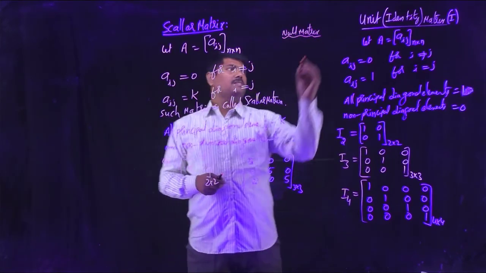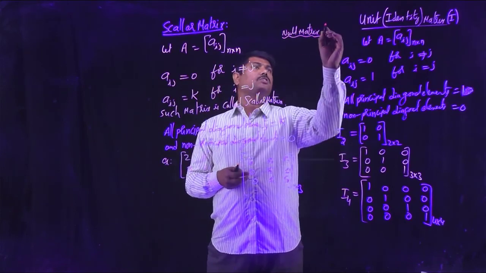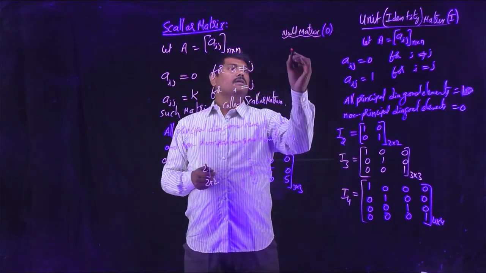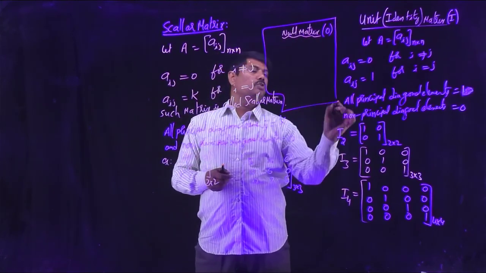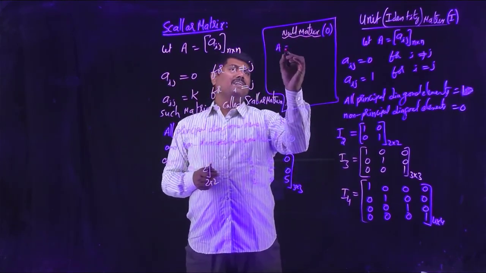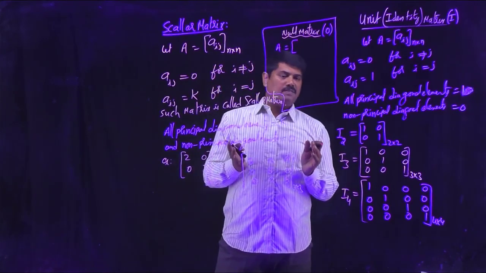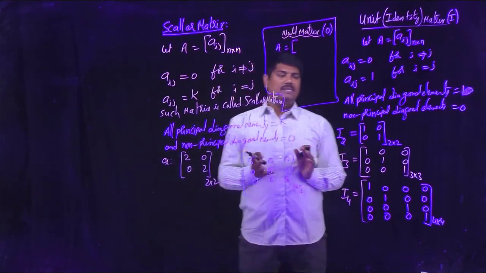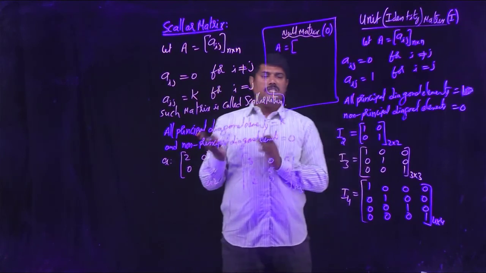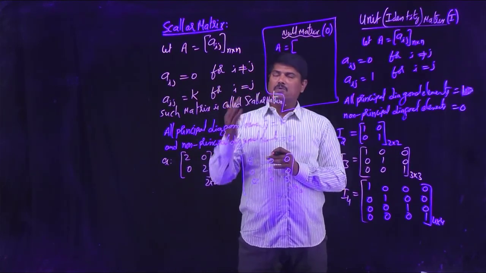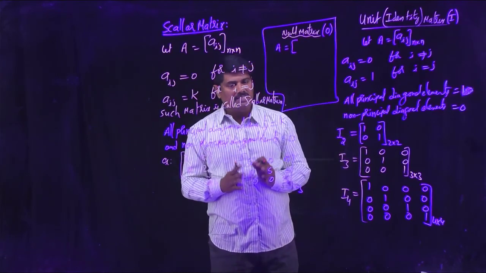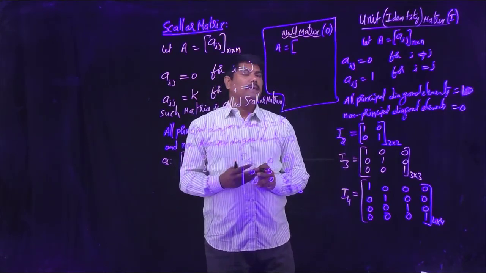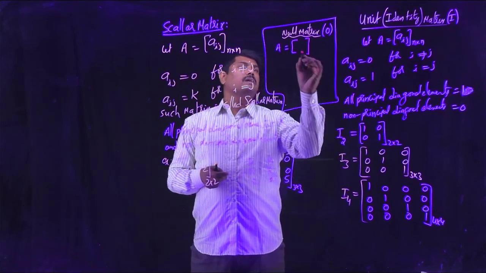Null matrix: we denote the null matrix with 0. Any matrix can be a null matrix; there is no need for a square matrix here. For the diagonal matrix, scalar matrix and unit matrix definitions, the matrix must be a square matrix, whereas for a null matrix there is no need to consider a square matrix.